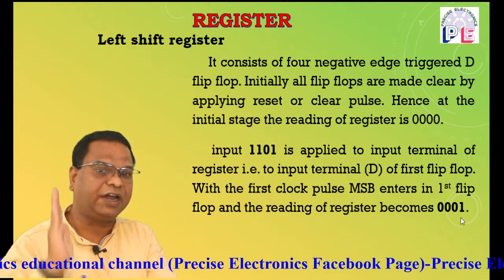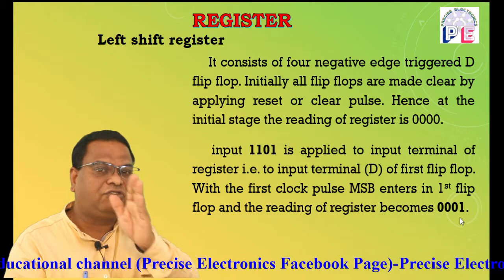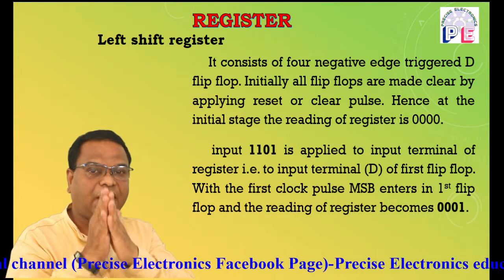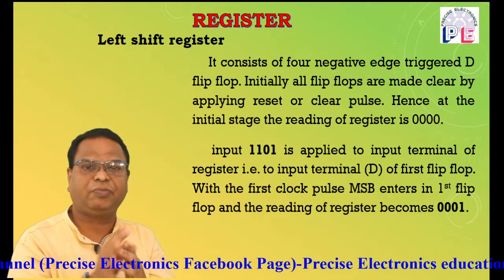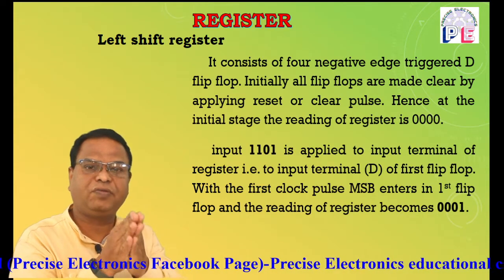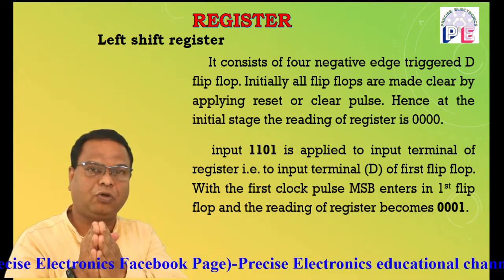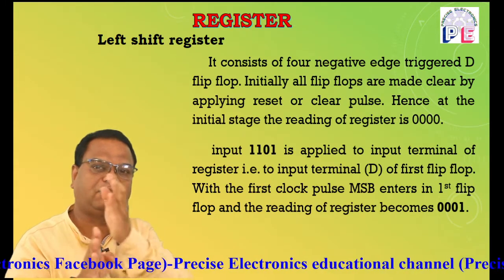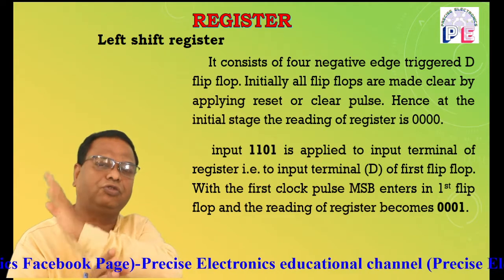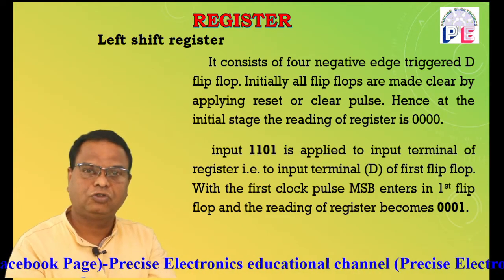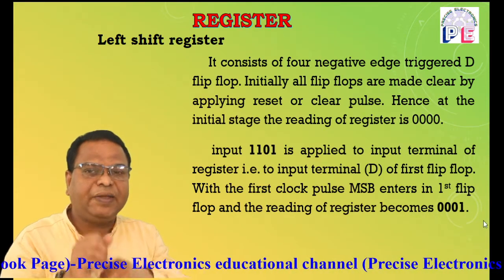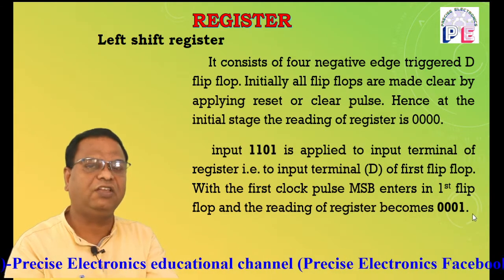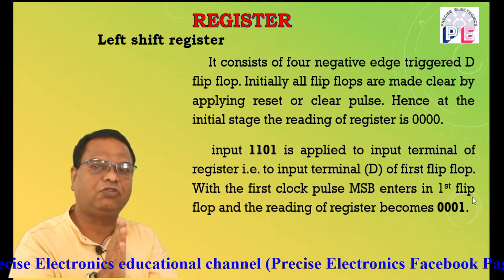In case of right shift, the LSB is shifted into the first flip-flop. But friends, in this case, the MSB from the data, which is 1, is shifted to the first flip-flop, while the bit stored in the first flip-flop is shifted to the second, second to the third, third to the fourth, and so on. So at the negative edge of the first clock pulse, the output of the register is 0, 0, 0, 1.